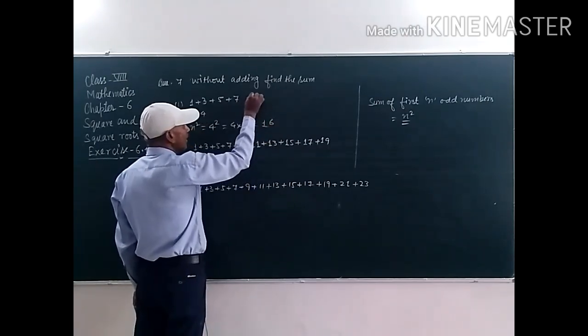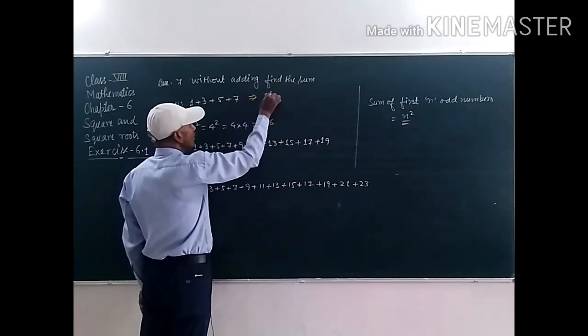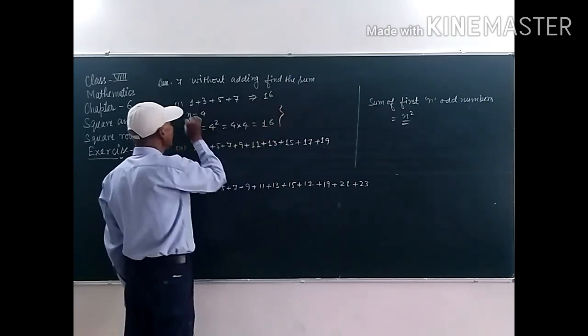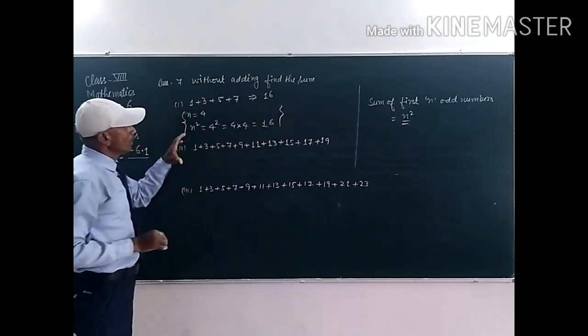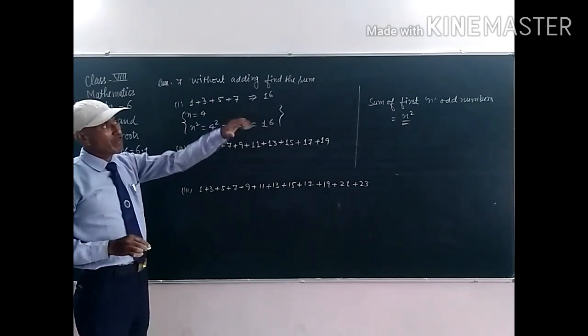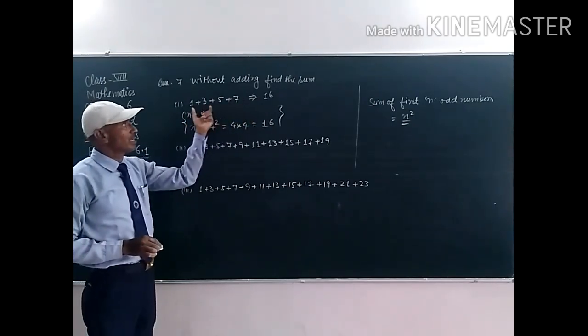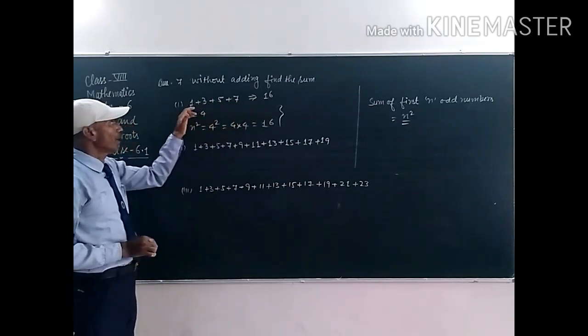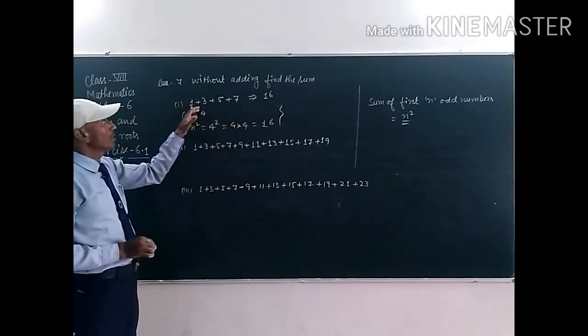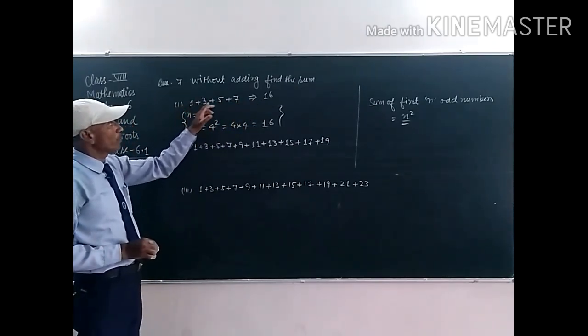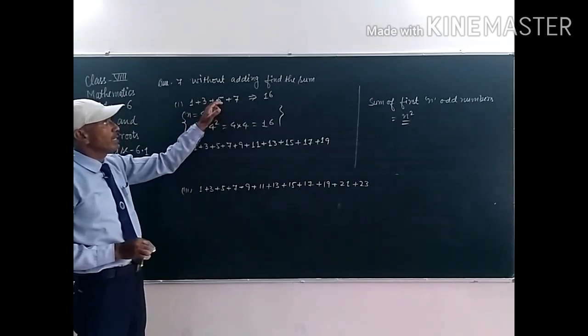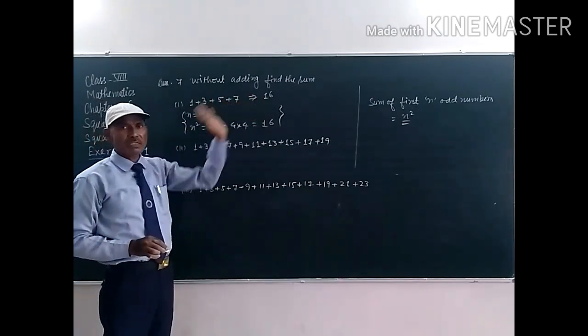The sum of these numbers will be 16, student. Clear? So using this basic property of the numbers, we find the sum of these numbers will be 16. Again, student, we can check it. 1 plus 3, 4, 4 plus 5, 9, 9 plus 7, that is 16.